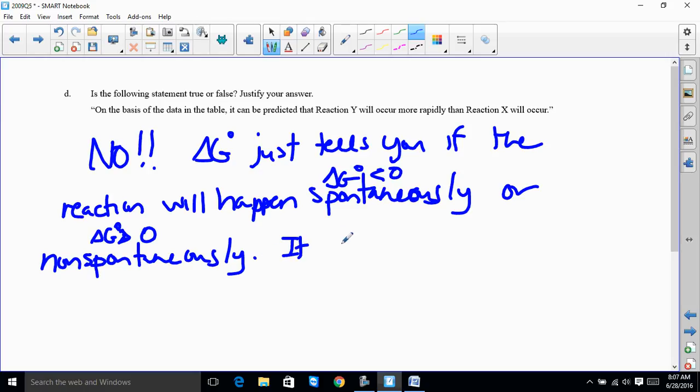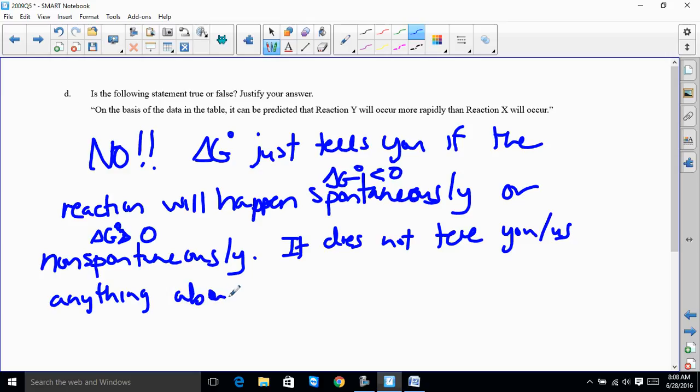It does not tell you anything about speed. It could happen in a nanosecond. It could take 5,000 years. It just tells you if it will happen on its own or if you have to put some energy into it. But it doesn't tell you anything about speed.